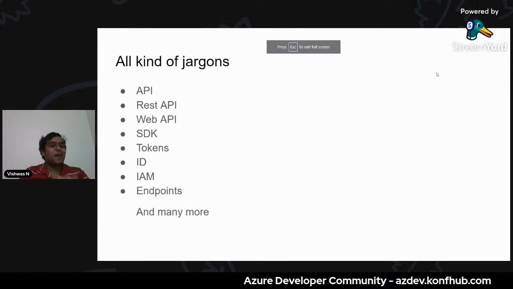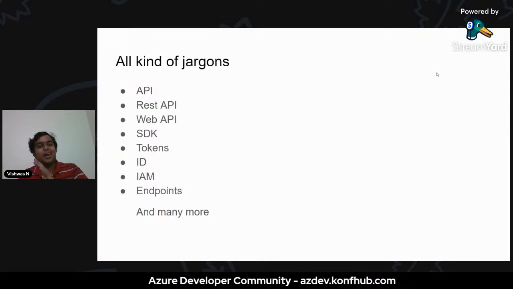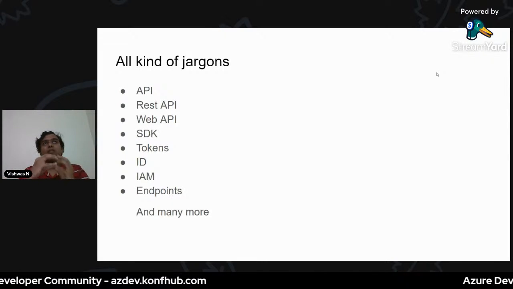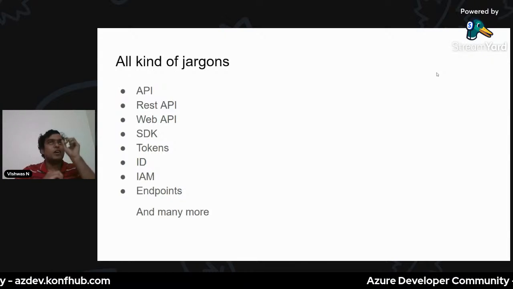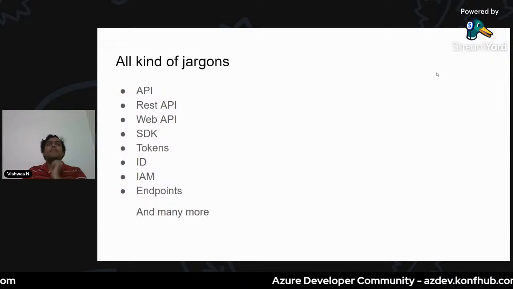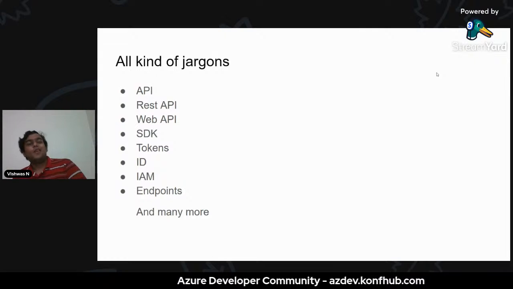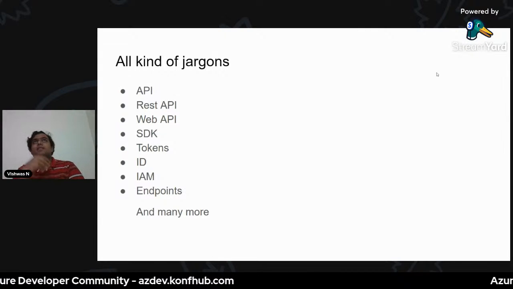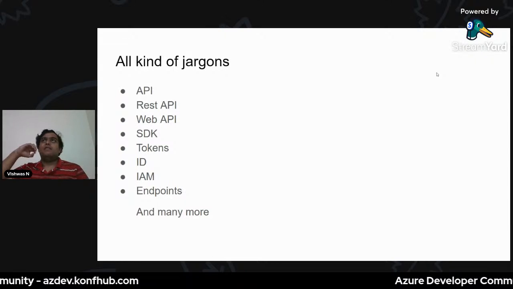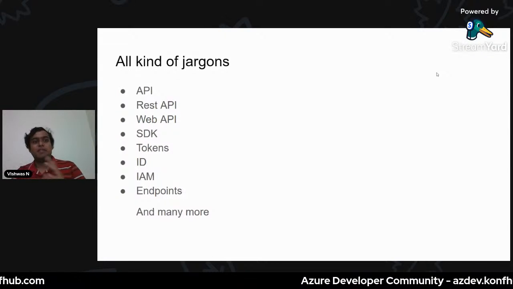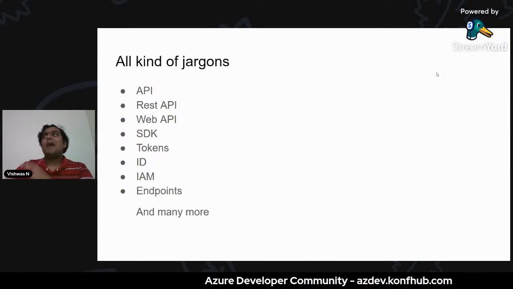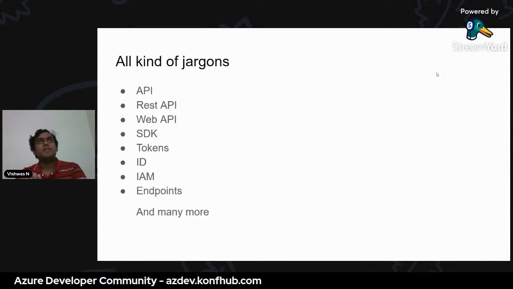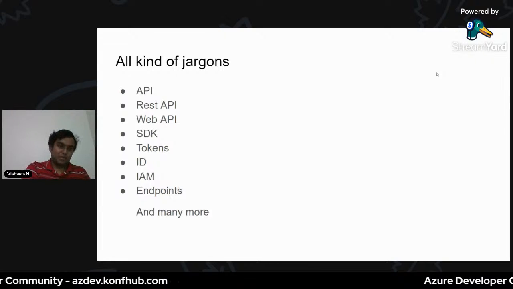So APIs, REST APIs, web APIs, they are the same chunk of code which has been compiled as one API where you just have the token, you just call it, and you avoid the complexity of reading the documentation and calling it. SDKs are software development kits, like your Python is an SDK, your Azure ML Studio is an SDK, where you are just grabbing software which was pre-built, leveraging it to build something new.